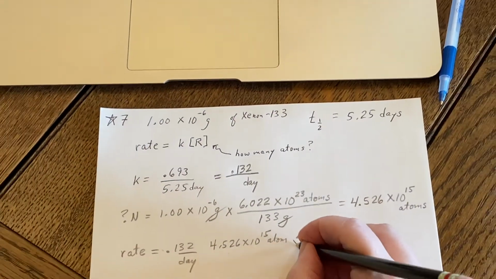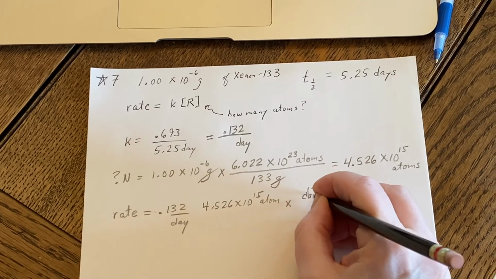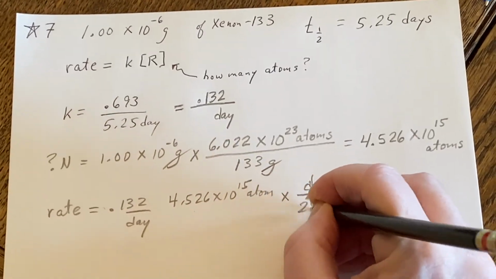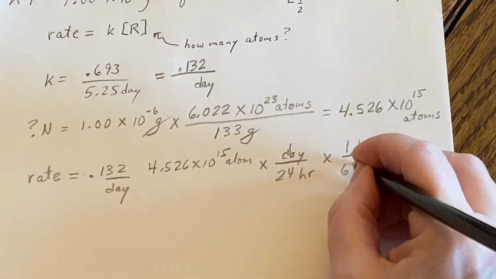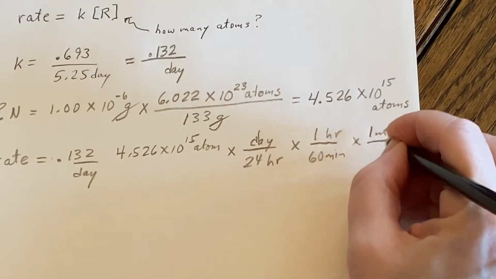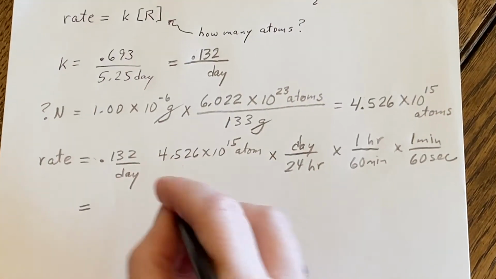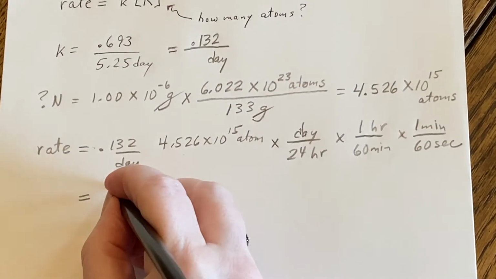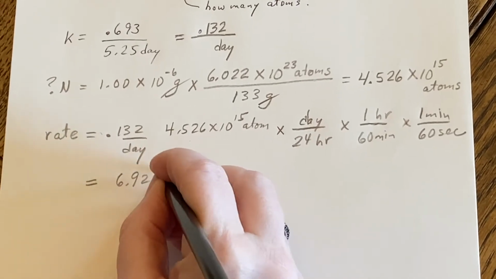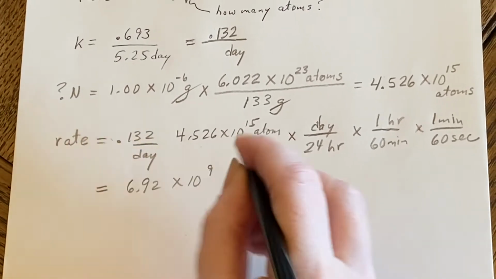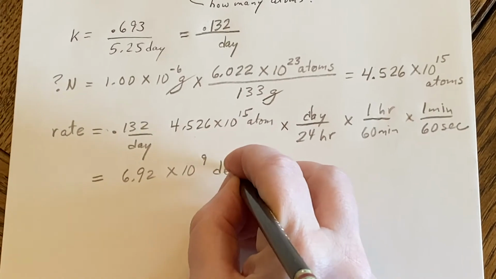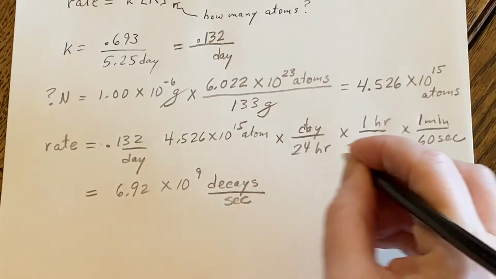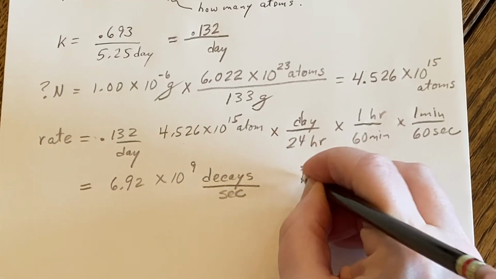Okay, so I need to switch this. What is a day? A day is 24 hours, an hour is 60 minutes, and a minute is 60 seconds. Now I can come up with my rate. It's going to be 6.92 times 10 to the 9th decays per second. And that's the same as becquerels.